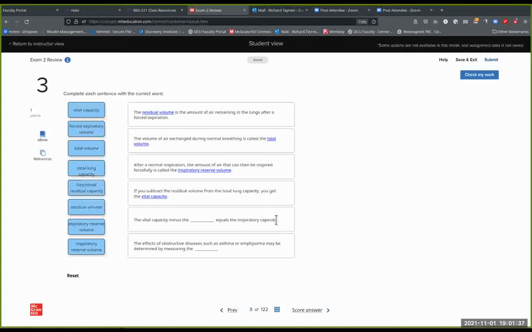That's a little tricky. They're messing with capacities here. So I believe that is, let's see, vital capacity minus inspiratory capacity, I believe is expiratory reserve volume. No, it's, let's see, vital capacity.